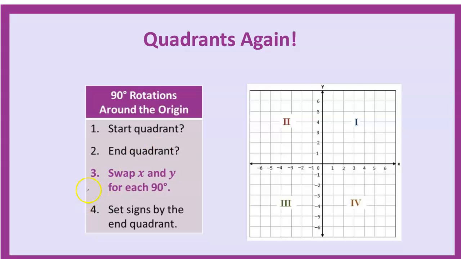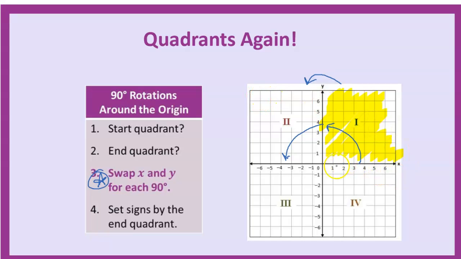Incidentally, just thinking about this step, the swapping x and y, remember how we said you can think of taking a whole quadrant like this, taking quadrant 1, and rotating it up on its side when we go 90 degrees. We said you can rotate this part up and this part comes down so that the whole quadrant moves over.